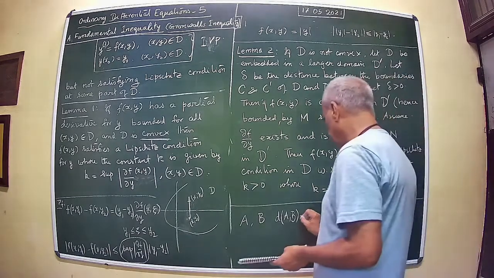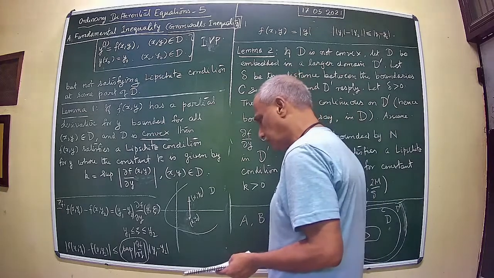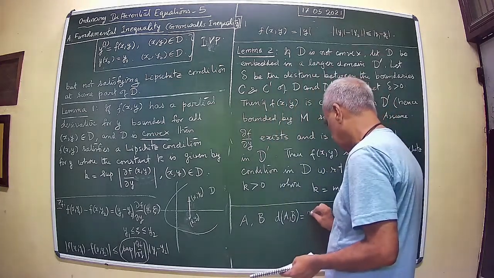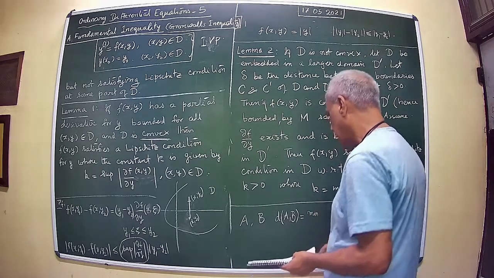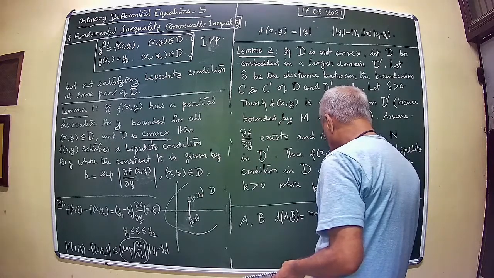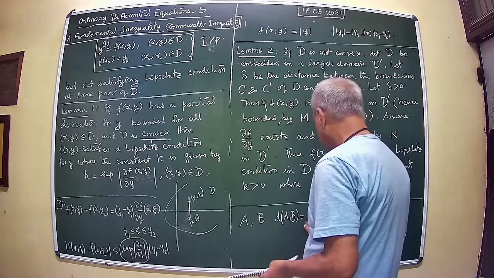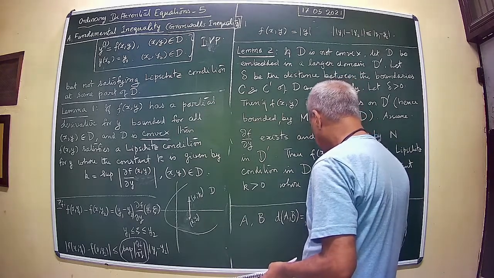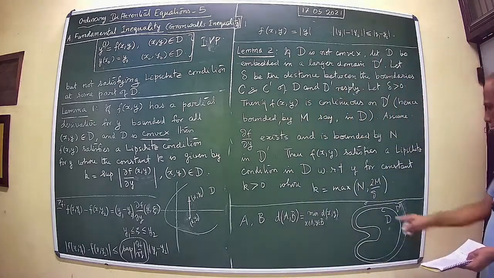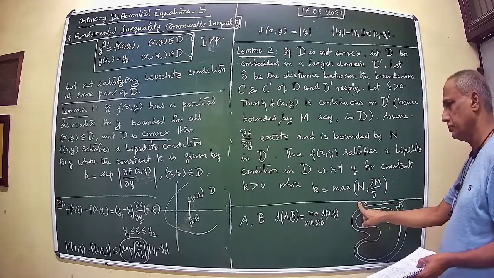This is equal to the distance xy, where x belongs to A and y belongs to B, taking the minimum.